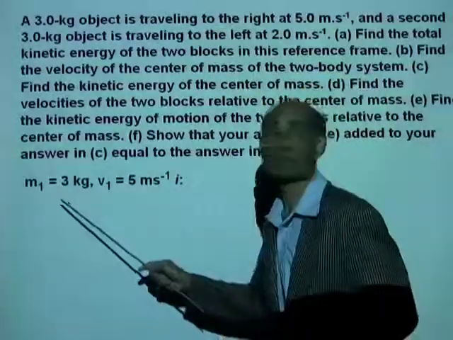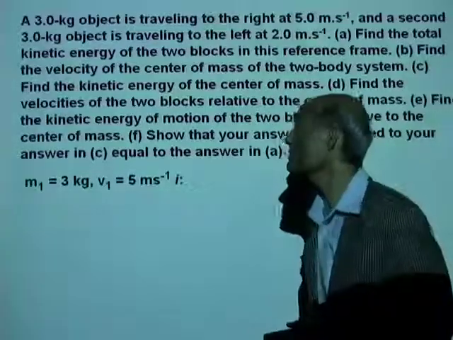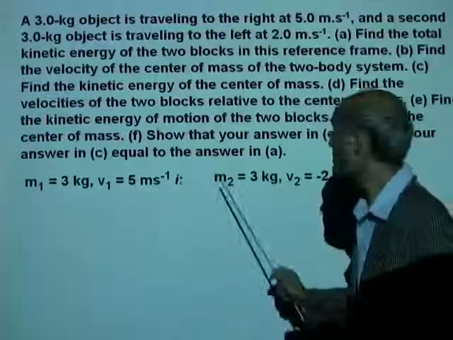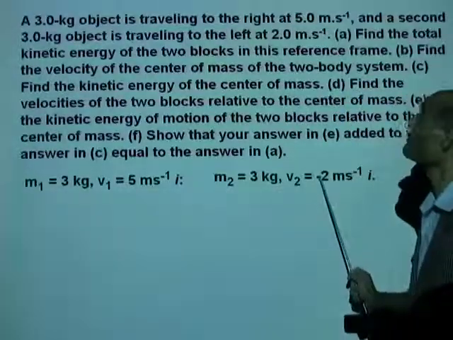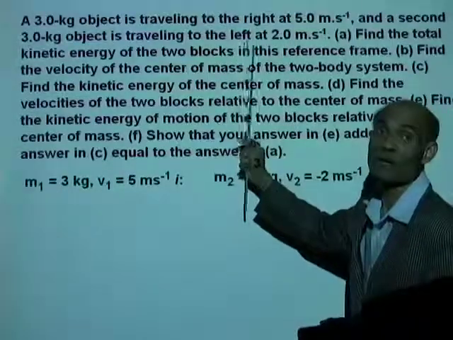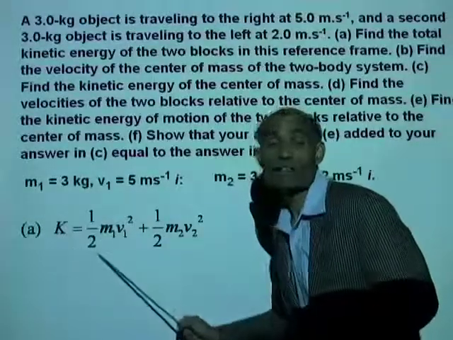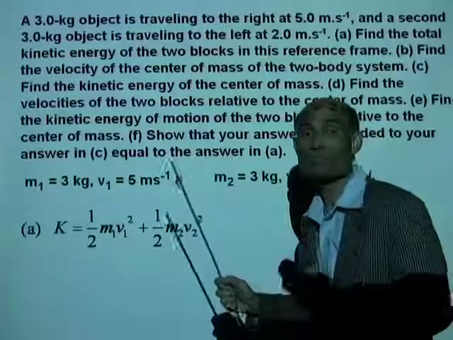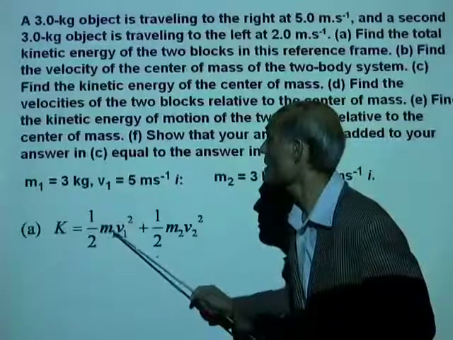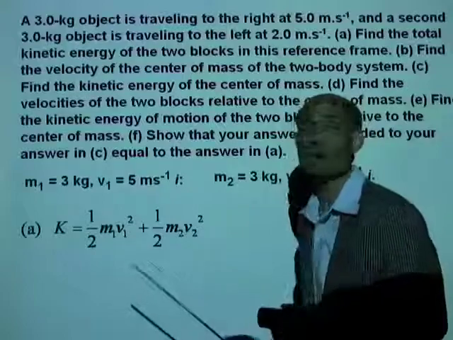Alright, let's look at the data. M1 equals 3 kilogram, V1 equals 5 meter per second i, M2 equals 3 kilogram, V2 equals -2 meter per second i, moving to the left. So in A, the kinetic energy of these two objects measured from the lab reference frame is 1/2 m1 v1 squared plus 1/2 m2 v2 squared.